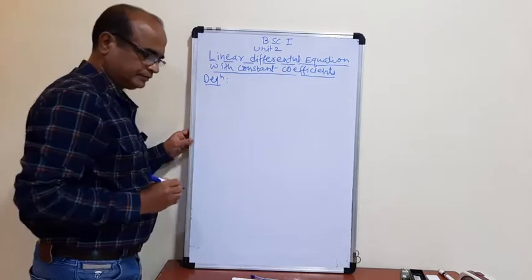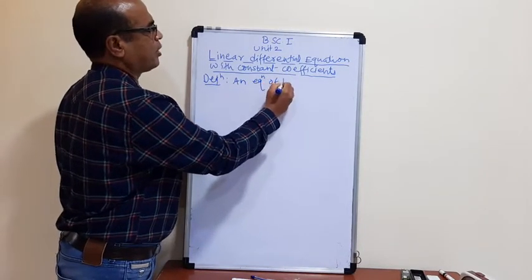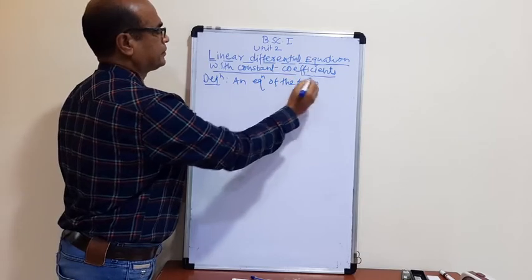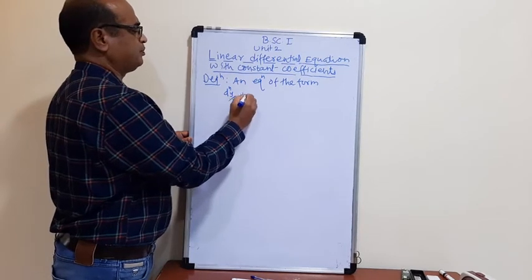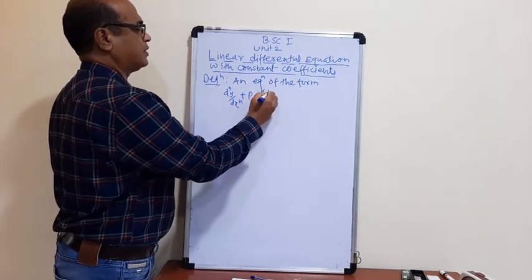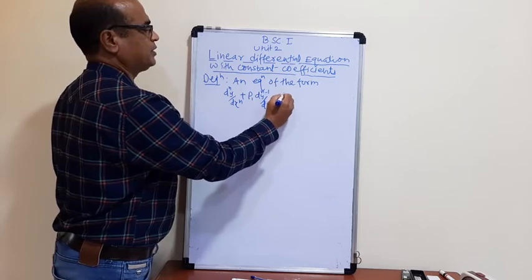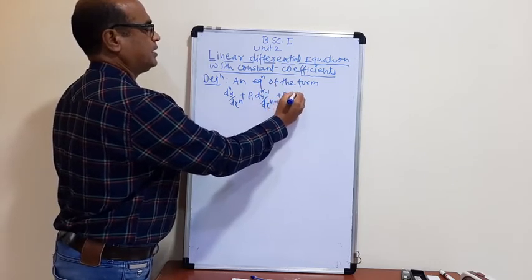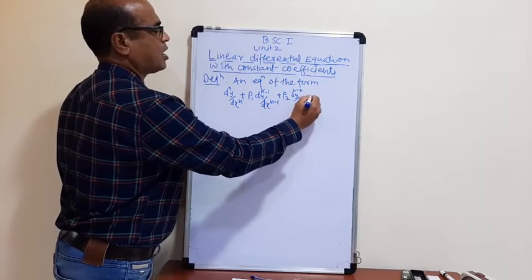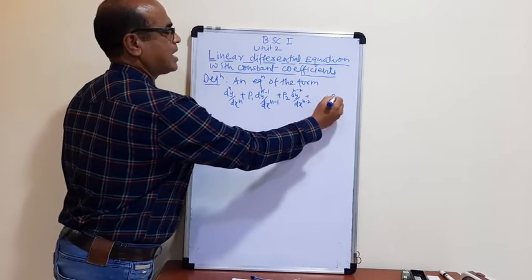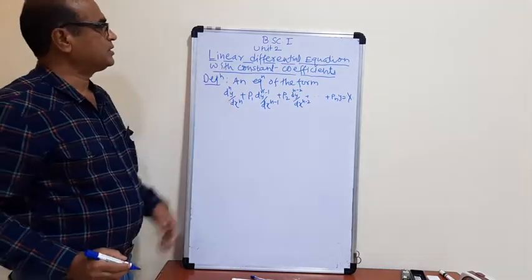An equation of the form d^n y by dx^n plus p1 d^(n-1) y by dx^(n-1) plus p2 d^(n-2) y by dx^(n-2) and so on, plus pn y is equal to x. Okay, so this is a differential equation.